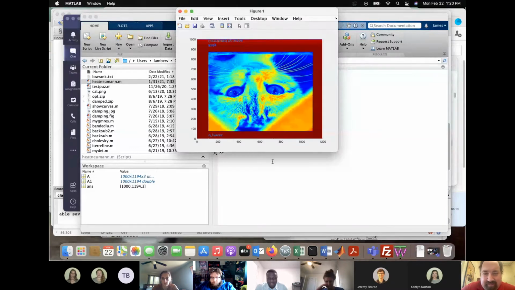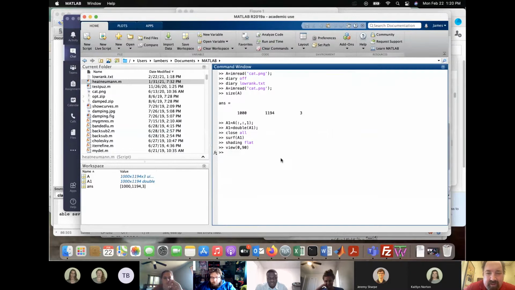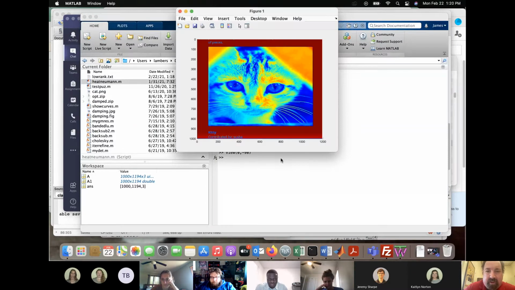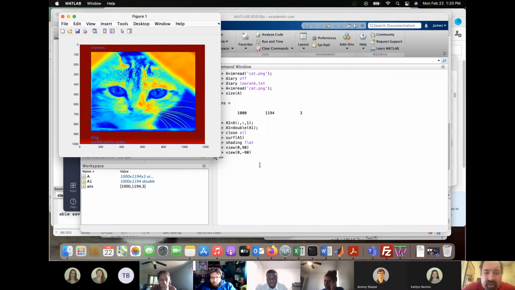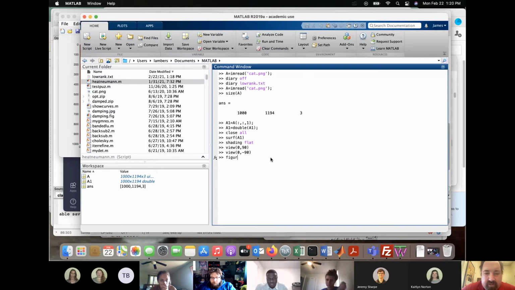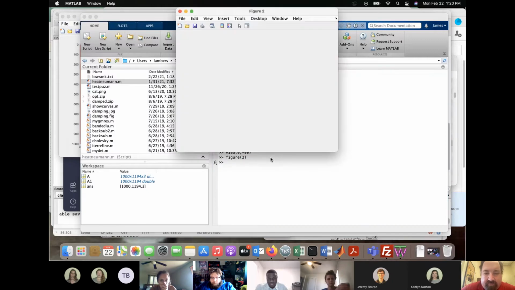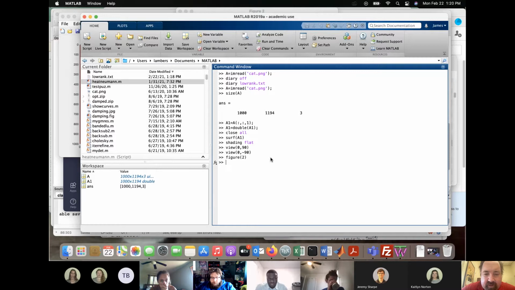So I'm going to try 0, minus 90. There. Okay, we have a cat. This is just from a red channel, but all the other channels would look fairly similar, and that's what we see generally for color images. Now, this is a matrix of size 1000 by 1194, so there are 1000 singular values. I'm going to plot the singular values. Okay, so I need the SVD.